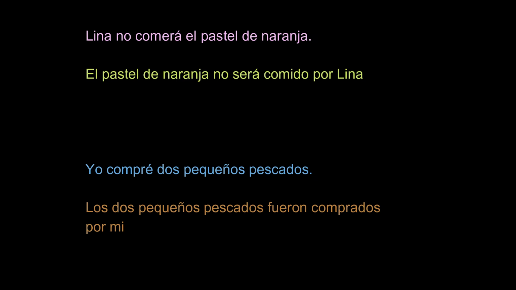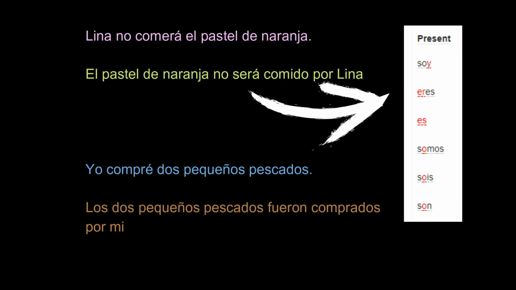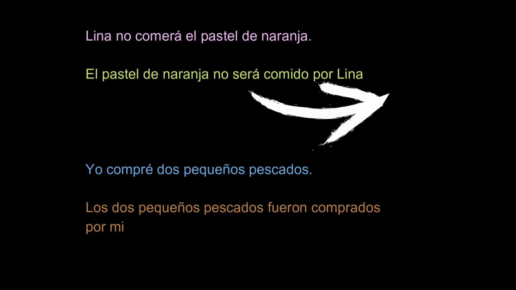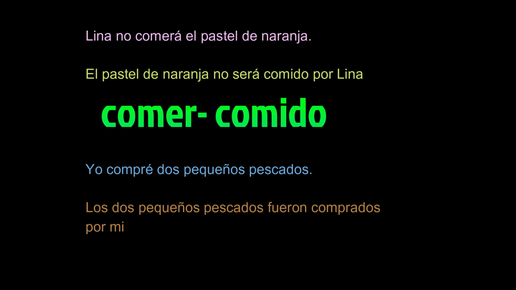In such a case, the verb será, which is the helping verb from the infinitive ser, has to be used if we want to express a passive form always. And after this helping verb será, the main verb comer has to be, as I said, in the past participle. That's why the sentence is el pastel de naranja no será comido por Lina.